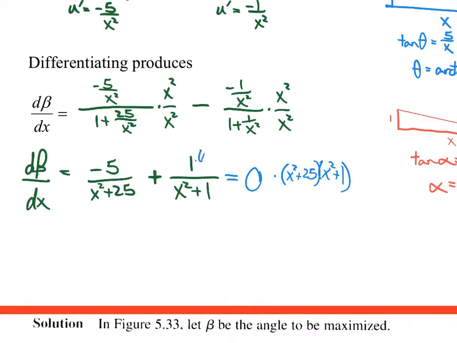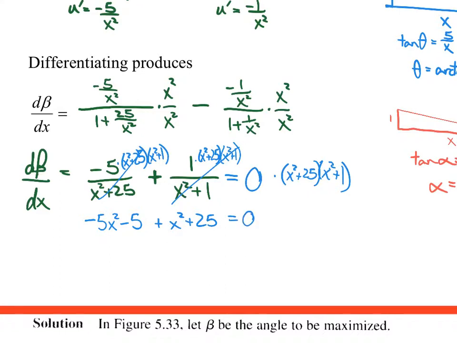And I do that here, and I also do it here. The whole point is I cancel out this denominator and this denominator, and now I have a negative 5x squared minus 5 plus an x squared plus 25, and that still equals 0.